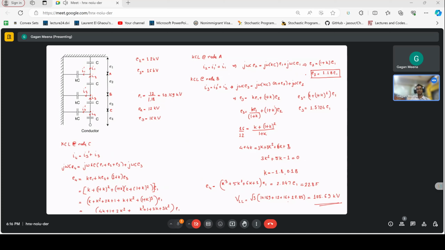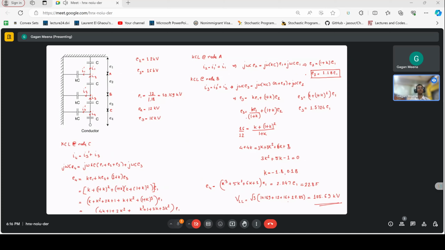So E3 divided by E2 is equal to K plus (1 plus K square) divided by (1 plus K). So this goes 4 by 3, and we can easily calculate the value of K using this quadratic equation, 3K square plus 5K minus 1.